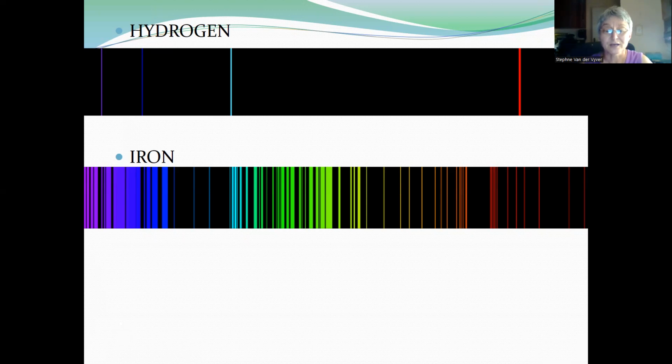The frequency of the light determines its energy. We can see here that hydrogen would emit four visible colors of light. Now, light is part of the electromagnetic spectrum.